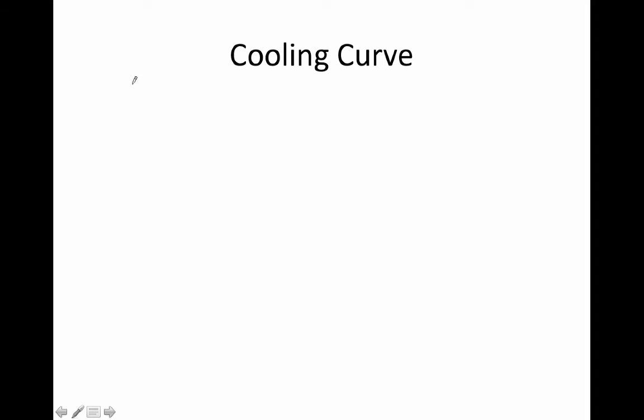So to draw a cooling curve, we start exactly the same way. We draw our axis, and it's going to be not as pretty as the last one, but in a cooling curve, instead of increasing energy like we did with the heating curve, a cooling curve is going to be removing energy. So in this case, you're going to start off with a high temperature, and you're going to start off with the incline.